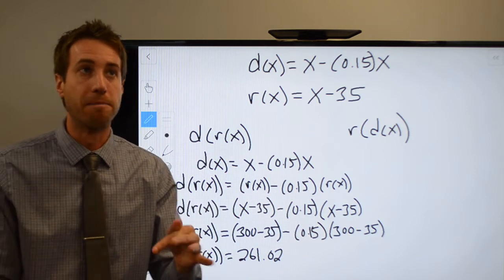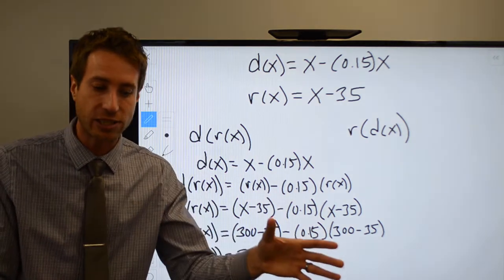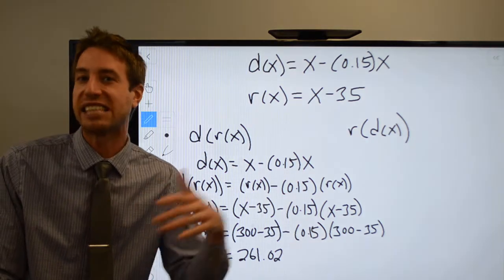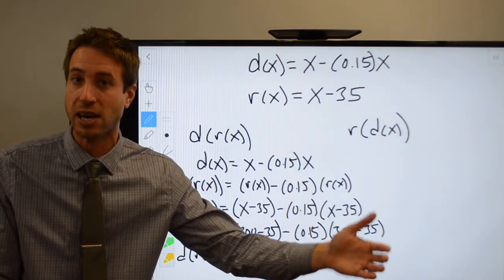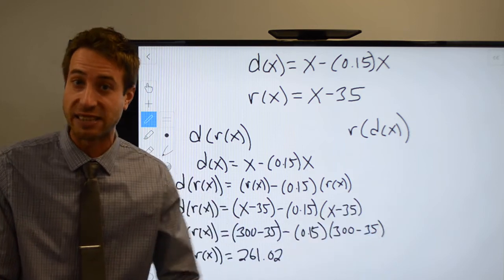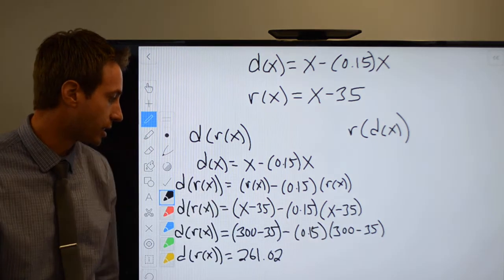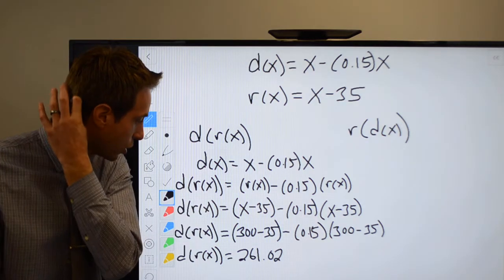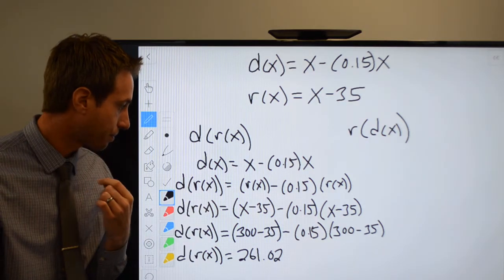So 300 minus 35 is $265, and then you take 15% off of 265, and you get $261.02.